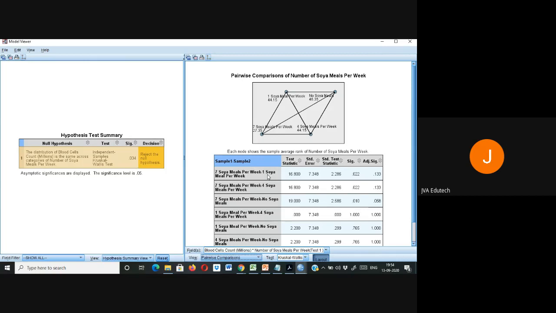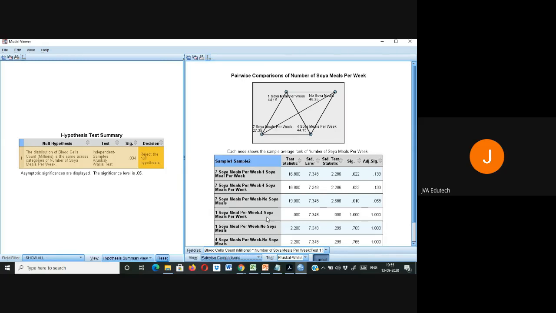See, this is somewhat confusing, but you can again look at these values, and then you can calculate which group is different. If you do a paired-wise comparison, you'll see that whatever the soya meal they eat, there won't exist any significant difference. Only you can see a significant difference if the person is fed on no soya or minimum one soya meal per week.